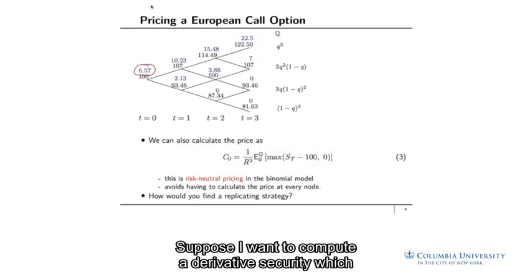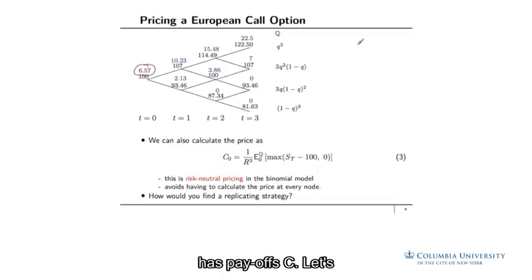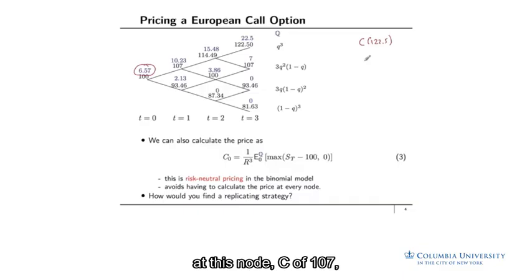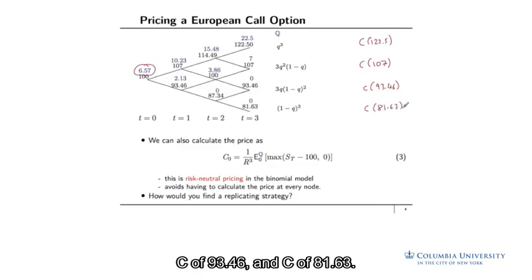Suppose I want to compute a derivative security which has payoffs C, let's call it C of 122.5. So this is the underlying security price at this node. C of 107, C of 93.46, and C of 81.63.